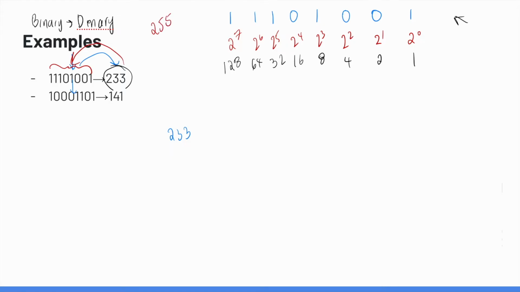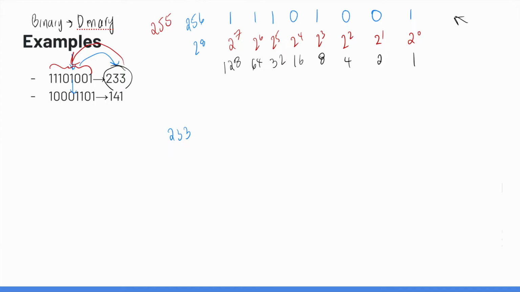That's the highest possible number that we can represent with our 8 bits. Part of the reason for that is because 2 to the power of 8 is 256.